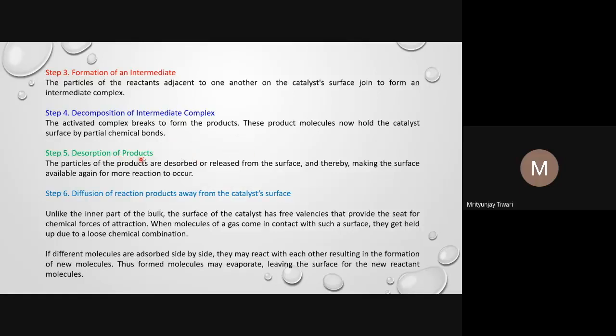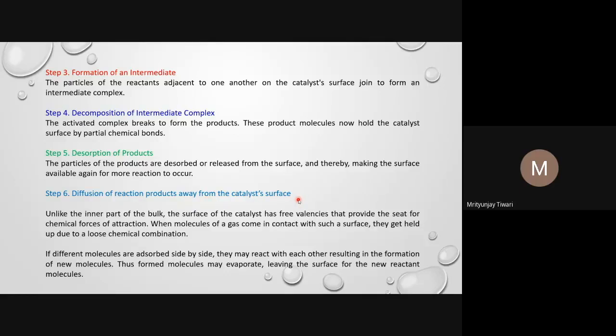Then in the next step, the desorption of the products happens: the particles of the product are desorbed or released from the surface, thereby making the surface available again for more reaction to occur. And then in the next step, step 6, the diffusion of the reaction products away from the catalyst surface will happen.